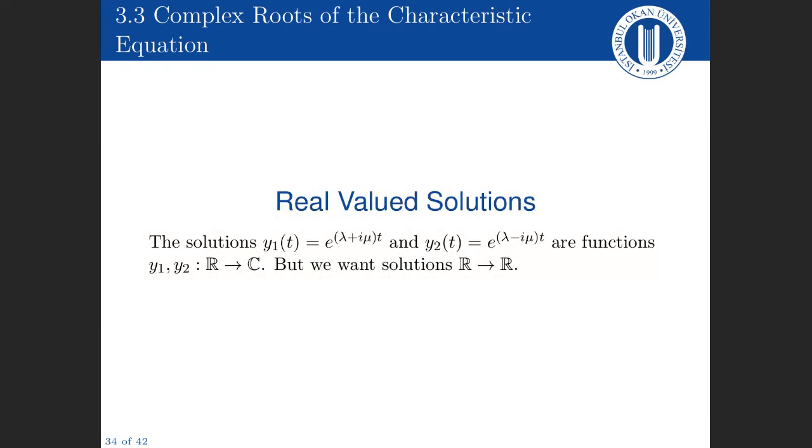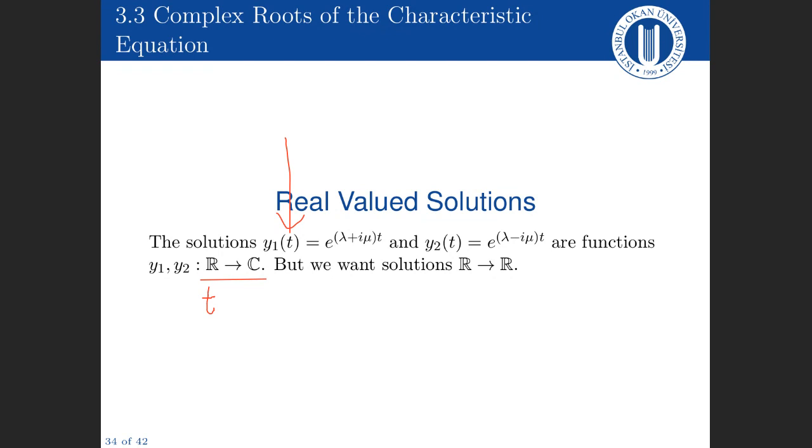We have two functions, and these are the functions e to the power lambda plus i mu t and e to the power lambda minus i mu t. But these are functions which map from R to the complex numbers. In other words, if we take a real number t and we put it into the function, then we receive a complex number.